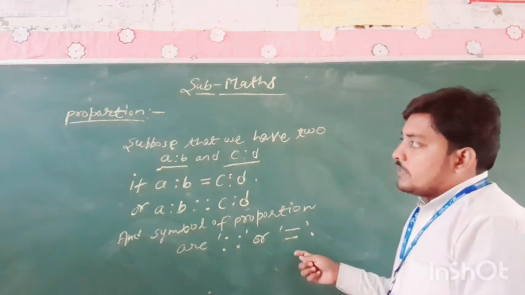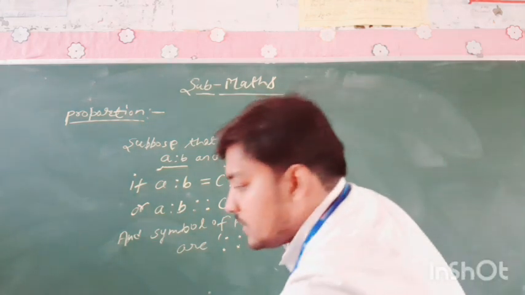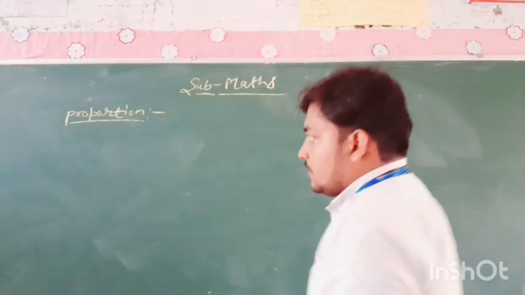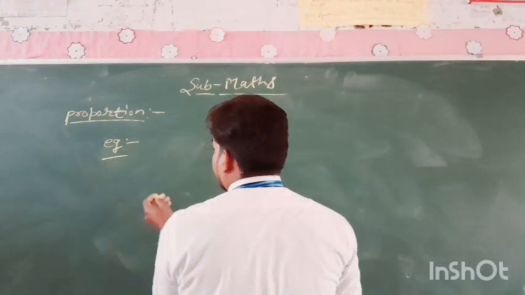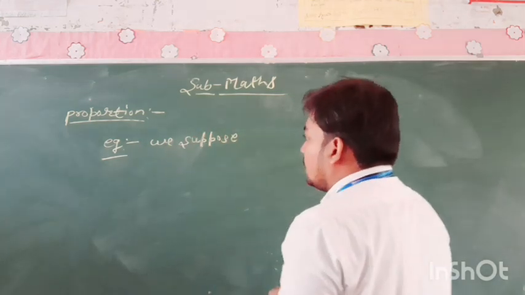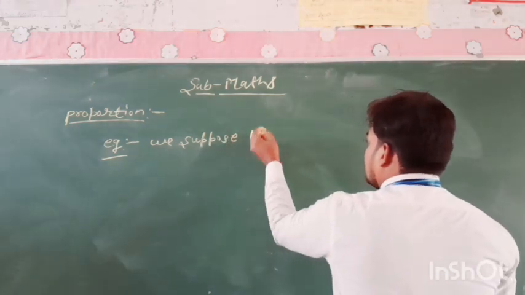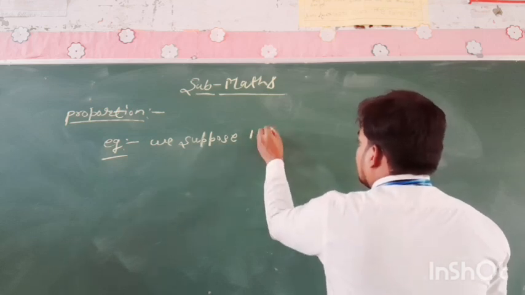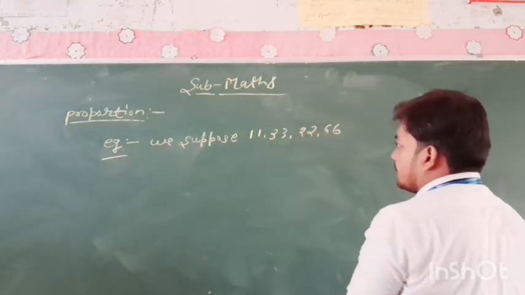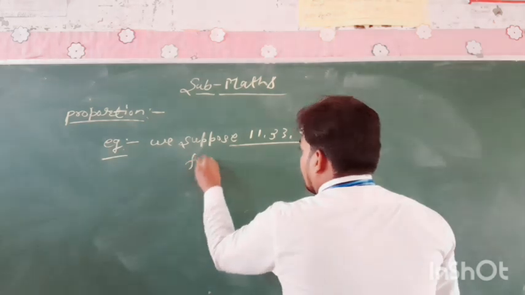We will consider here one example to clarify the topic proportion. We suppose 11, 33, 22, 66 are 4 terms.